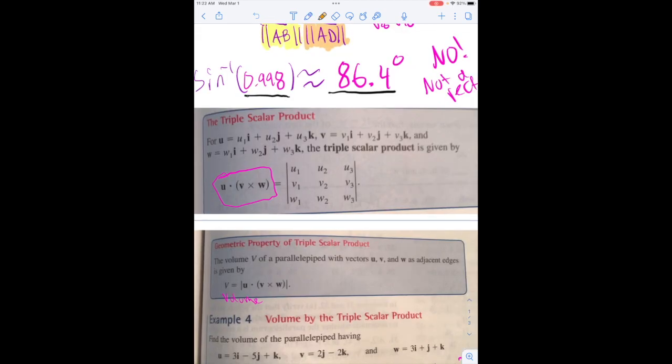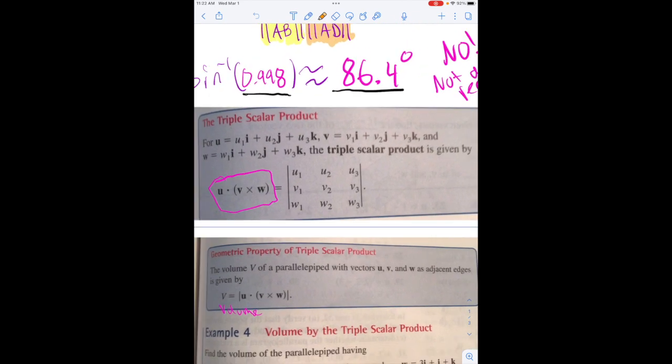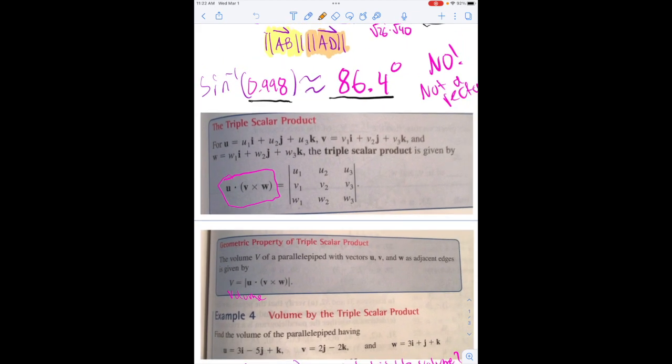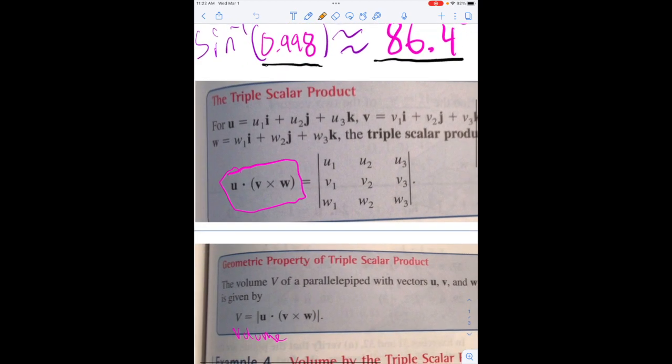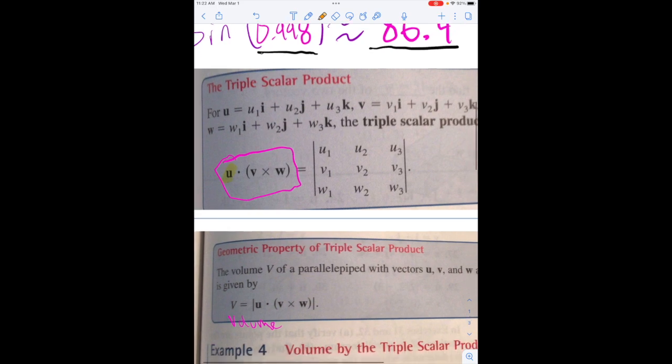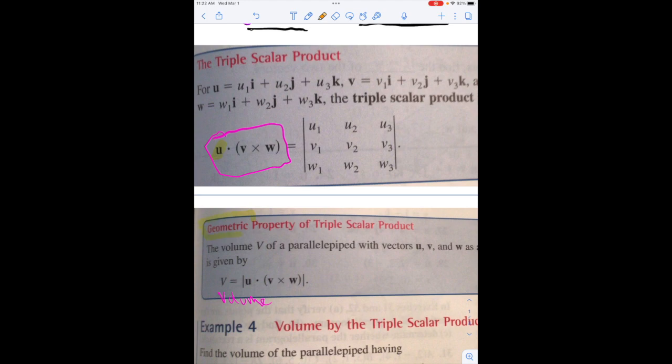Okay. To use the triple scalar product, we're going to do a lot of similar ideas, where we have to separate U into IJK, V into IJK, and W into IJK. We can come up with a formula where we have U multiplied, and again, multiplied is different from the cross product, by the cross of V and W. This is how we are able to get the volume of a geometric figure.